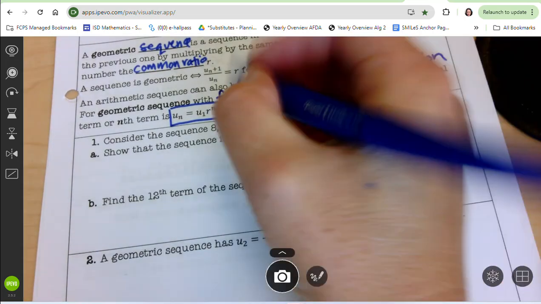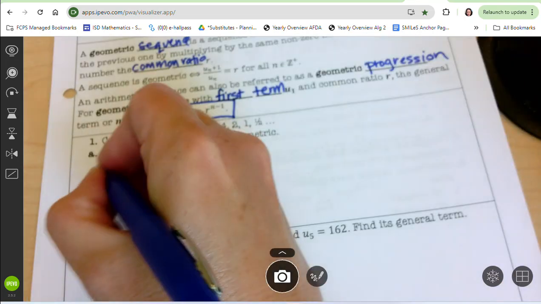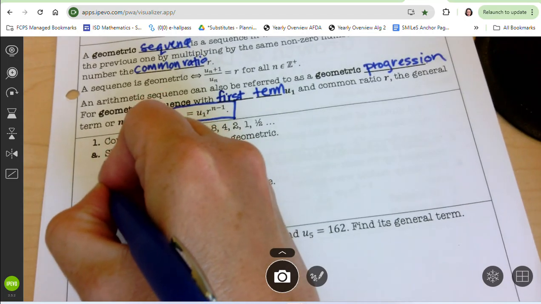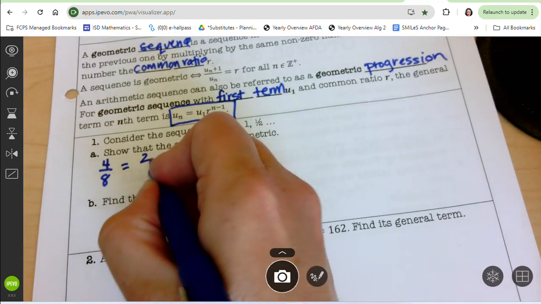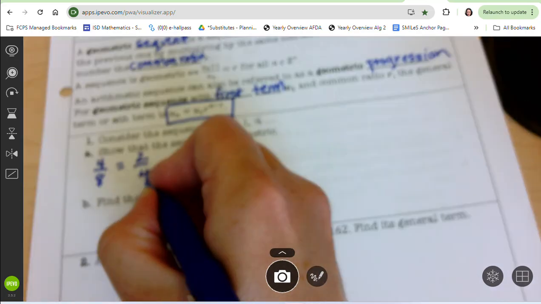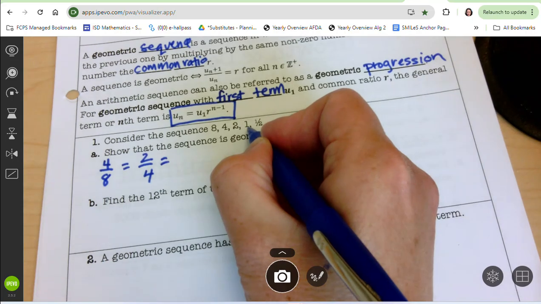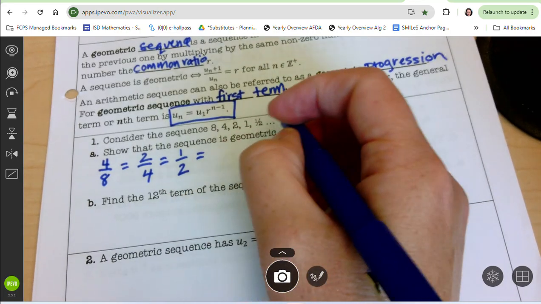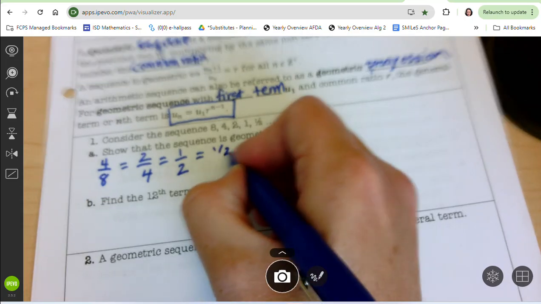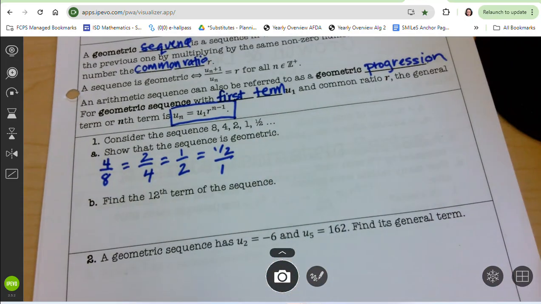So to show that, you do the second divided by the first, 4 over 8. And you want to see if that's the same as the third divided by the second, the fourth divided by the third, and then what is that one, the fifth? All right, are all of these equivalent?